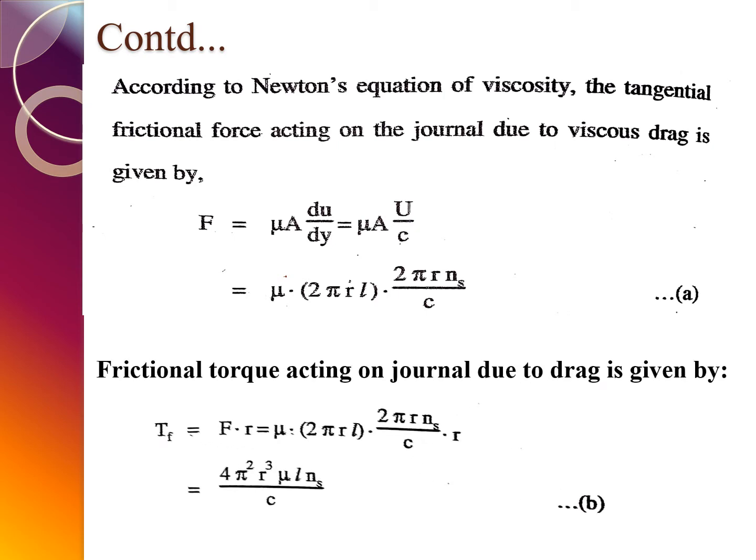Now, frictional torque acting on a journal due to drag is given by torque is equal to frictional force into radius. So, frictional force we already saw in equation A, multiplied with R. So the modified equation is 4 pi square R cube mu L N S divided by c.